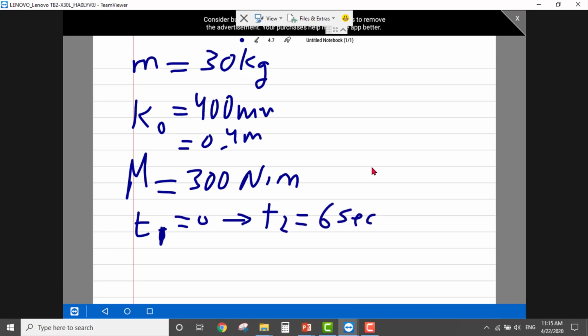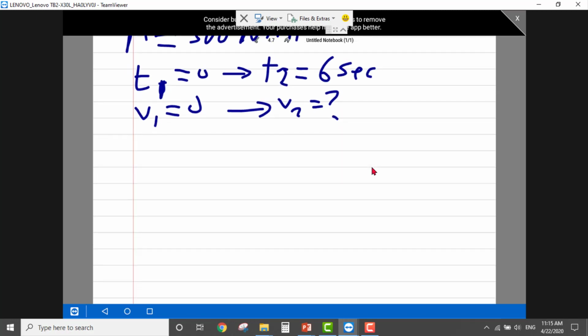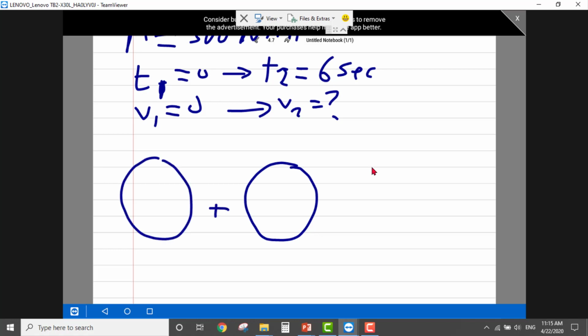Okay, so we have state 1 and state 2. So V1 equal to 0, V2 is unknown. Okay, after it starts from rest, and there is no slip occurs. So here is the wheel. Okay, I'll start directly with the diagram. But it's not flying, it's rolling on the ground.